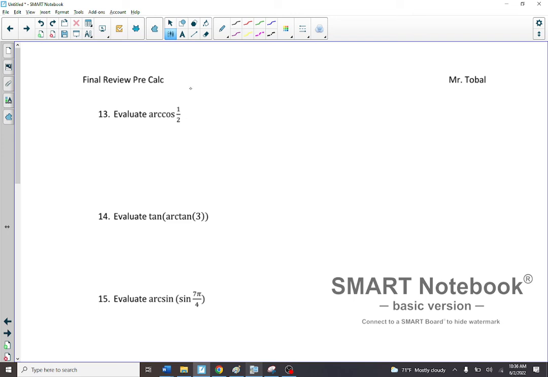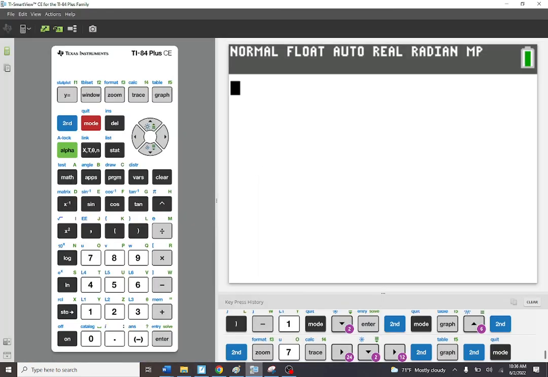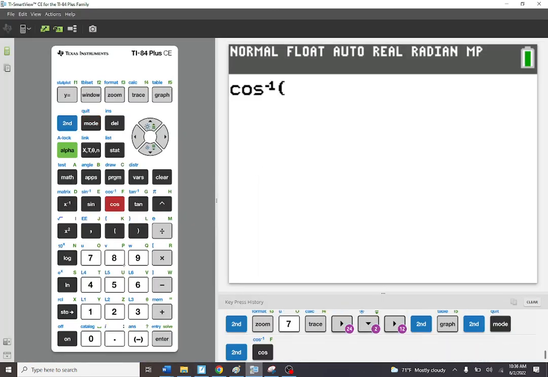Here, evaluate arc cosine 1/2. So you're asking yourself, cosine inverse of a half, or another way to think of it, cosine at what theta gives you a half? Well, cosine is a half at 60 degrees, so that's going to be pi over 3. If you're not sure, though, you could open up the calculator here and do second cosine, so cosine inverse of 1/2.